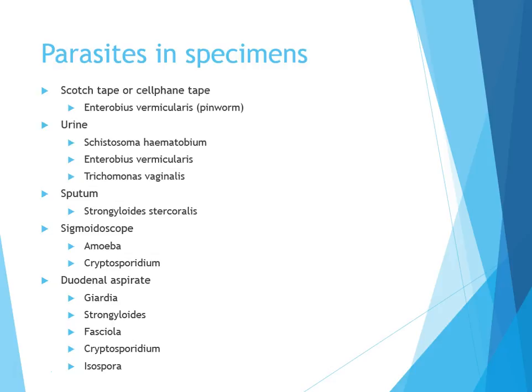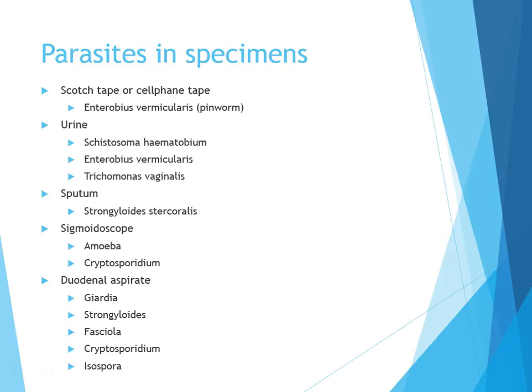Parasites in specimens other than stool, you need to know which one of these organisms comes from the type of specimen. Usually when we look for pinworms in kids, we do the Scotch tape or cellophane tape procedure, and this has to be that clear tape. There are cloudy tapes in the stores to purchase, but we need the clear one so we can see the organism well.